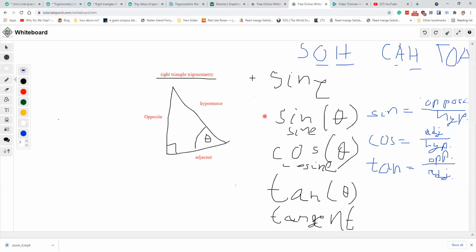So the ratio of opposite to adjacent is equal to tan, the ratio of adjacent to hypotenuse is equal to cosine of theta, and the ratio of opposite to hypotenuse is equal to sine of theta.